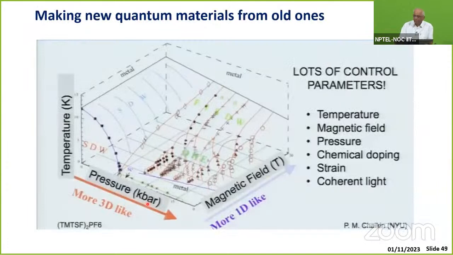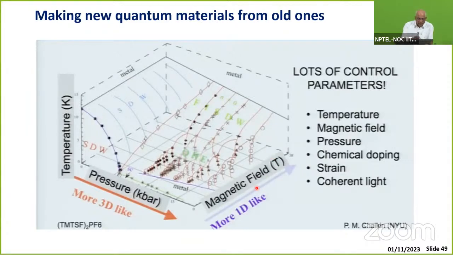What do we have to do to make quantum materials? Making new quantum materials from old ones. You have to just configure them differently. So you have temperature as one parameter you can leverage. Pressure, magnetic field, you can make 3D or lower dimensions.